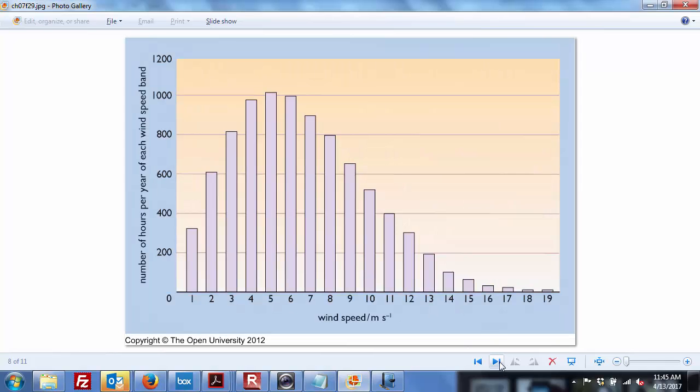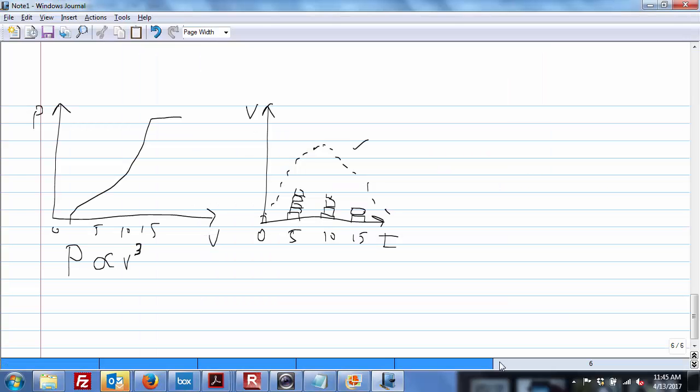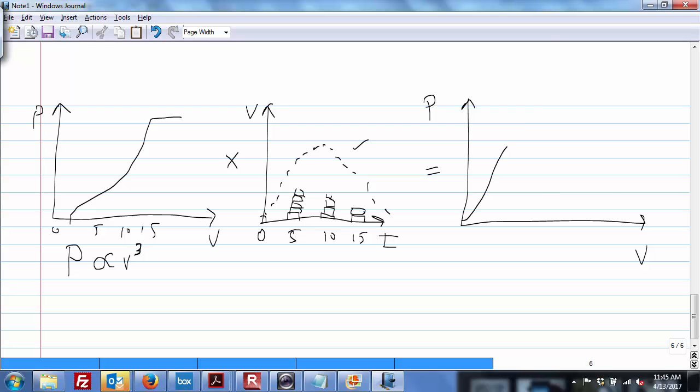But this curve is the product of those two curves. So this times this equals this. So you end up with velocity, you end up with power, you end up with something like this.